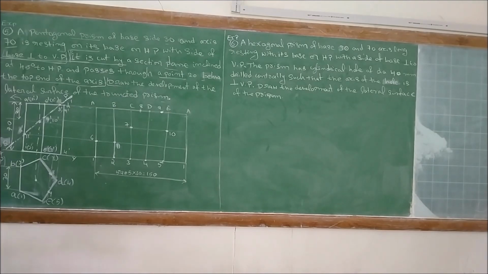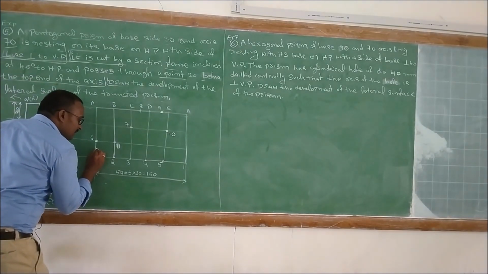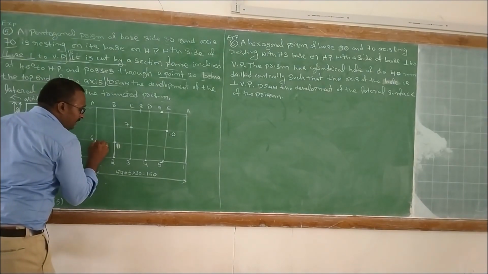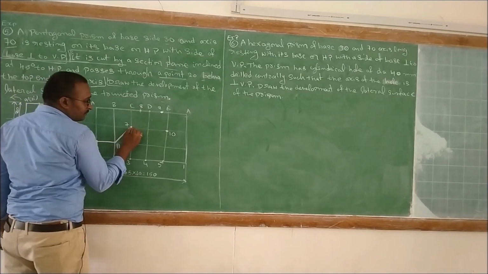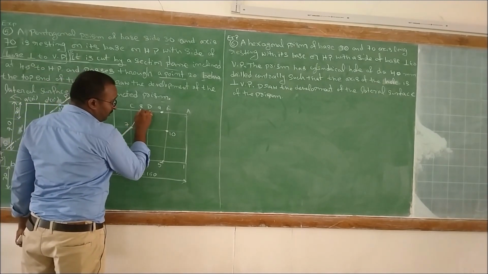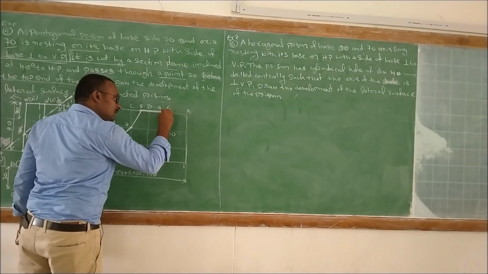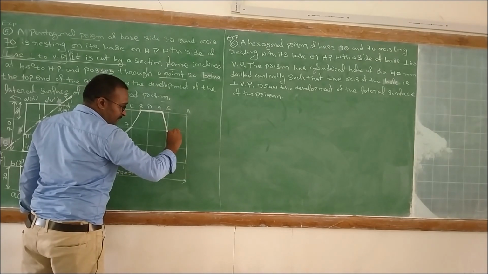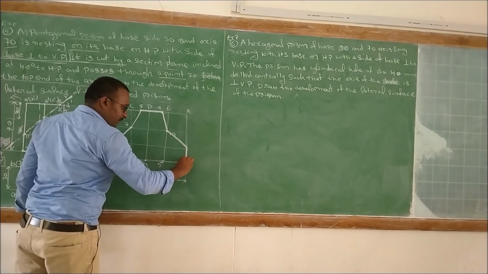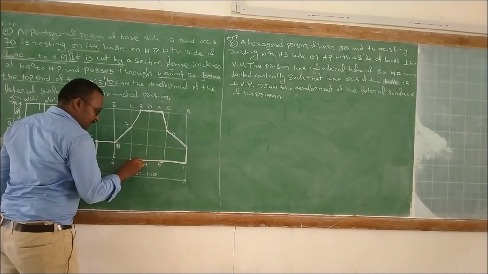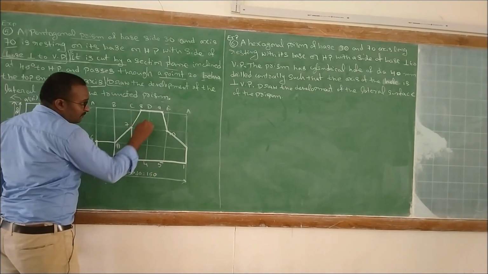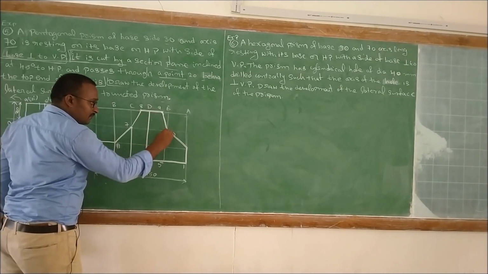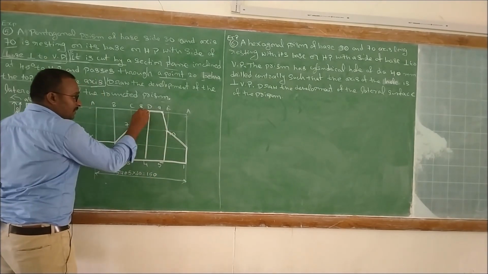Right? Now we need to combine all of them with the highlighting lines. So here it is 1, 2, 3, 4, 5, 6, 7, 8. Right?